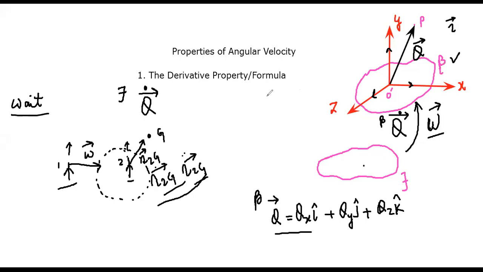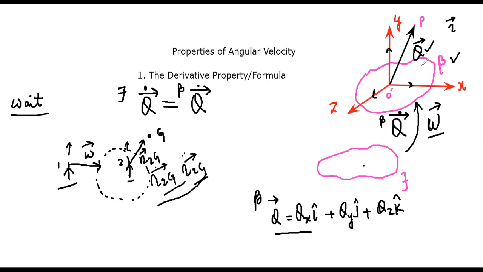Now, if you take the derivative of this vector q not with respect to beta, but with respect to the ground frame of reference, the derivative formula says the following. We know q is defined in beta, so its derivative can easily be taken with respect to beta.